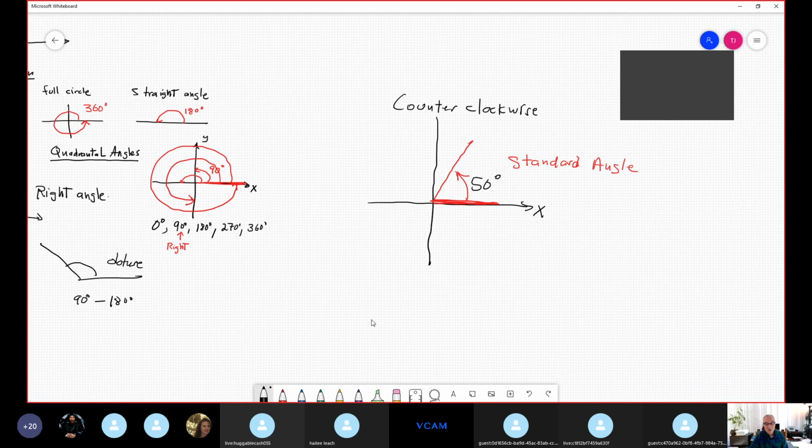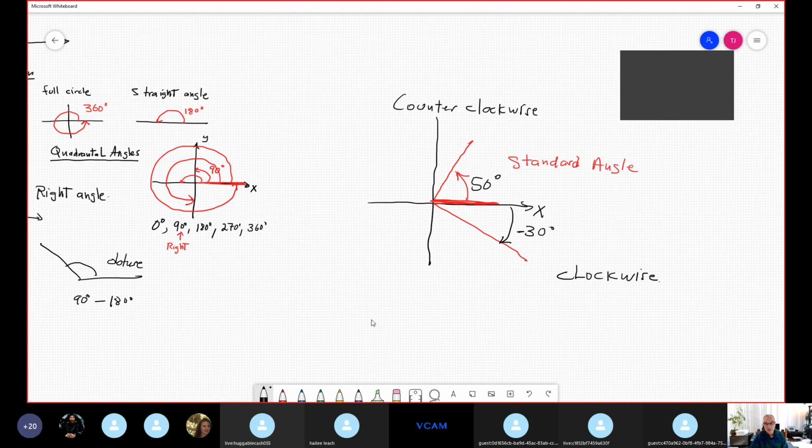However, we can use clockwise, and when it's clockwise, the angle is negative. Suppose one angle like that, and this angle is 30 degrees, but in this case the direction is negative 30 degrees because it's clockwise. Clockwise negative is the convention.